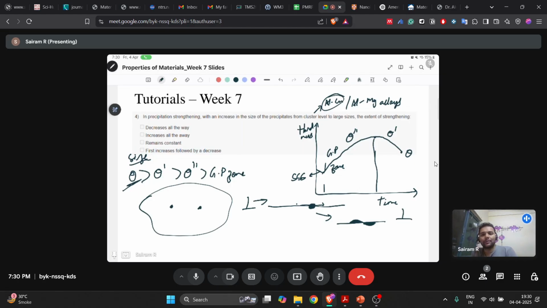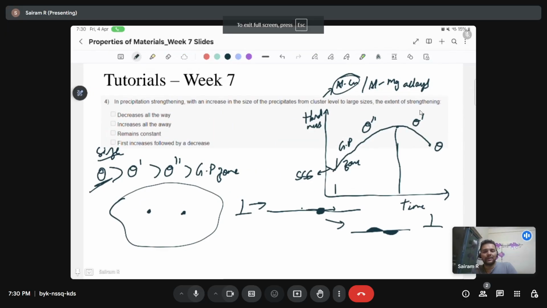But once the precipitate becomes much larger, once the size of the precipitate exceeds a certain limit, the stress required to shear across a precipitate becomes much higher, because the stress is also dependent on the radius of the precipitate.